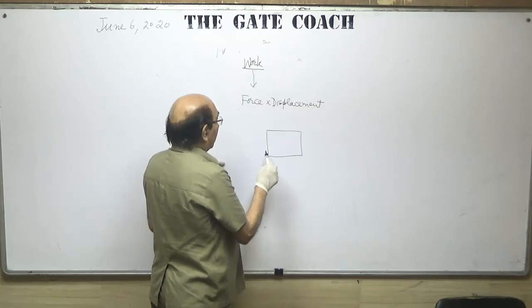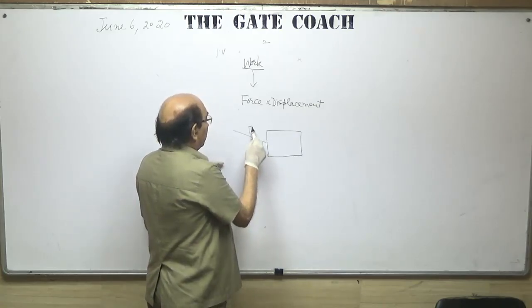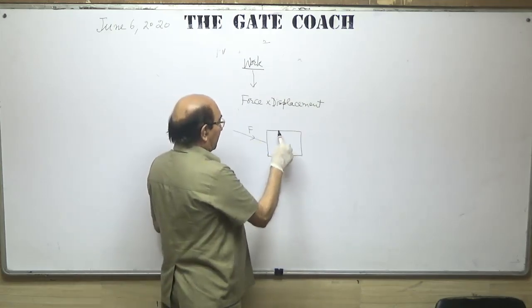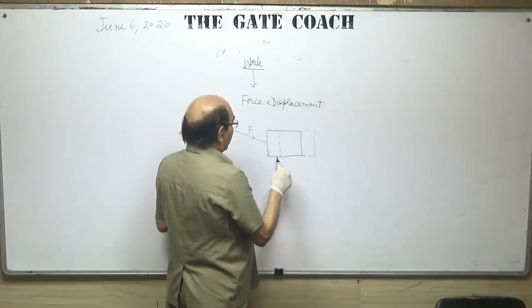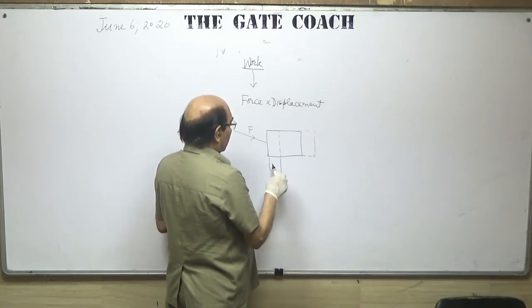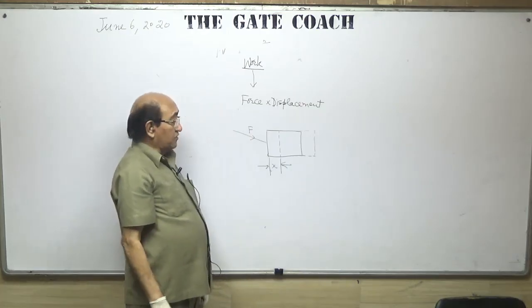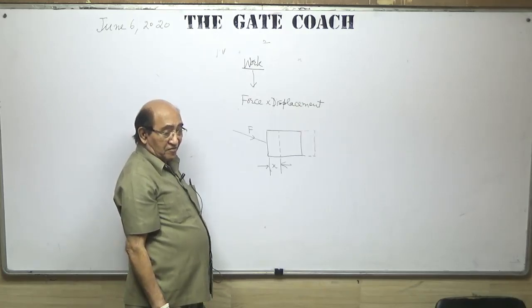If this is a body, force F is applied and this body gets displaced by this distance. This is not F into X. So saying force into displacement is not correct.